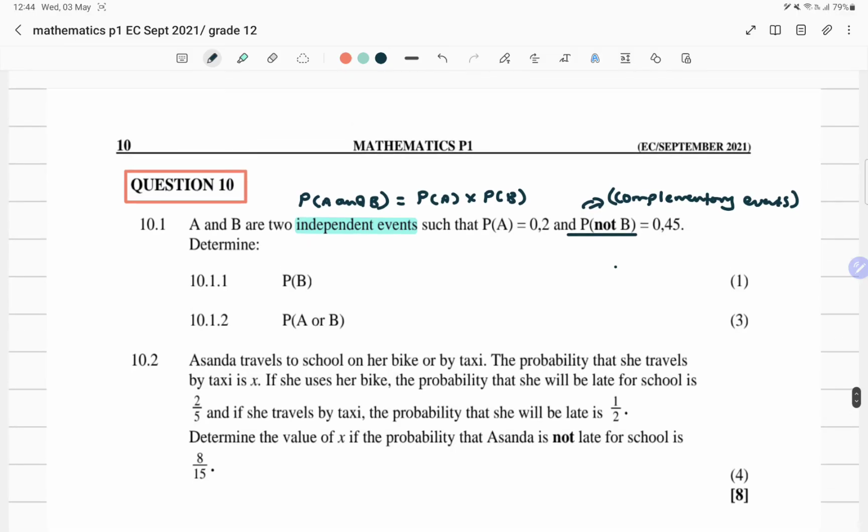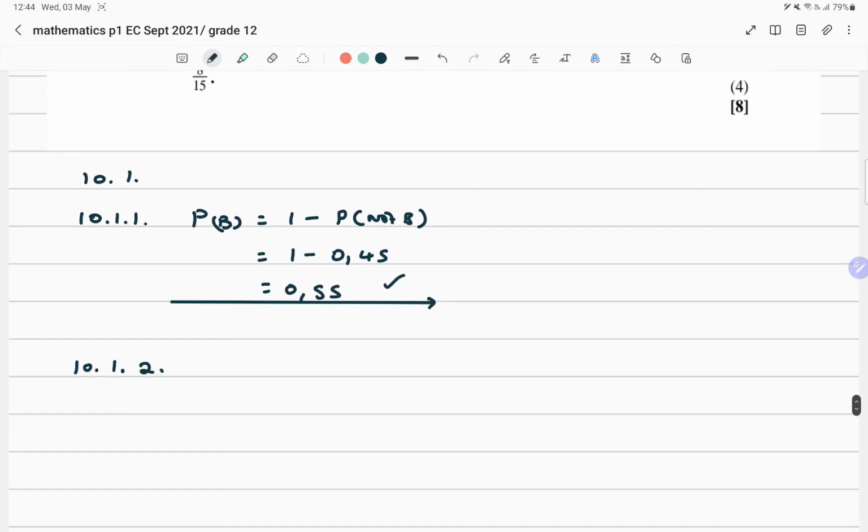So let's do 10.1.2. It says P(A or B). So you can already see here, this uses the addition rule. Okay. P(A or B) is always going to be P(A) plus P(B) minus the product, which is P(A and B), right? That is the addition rule.